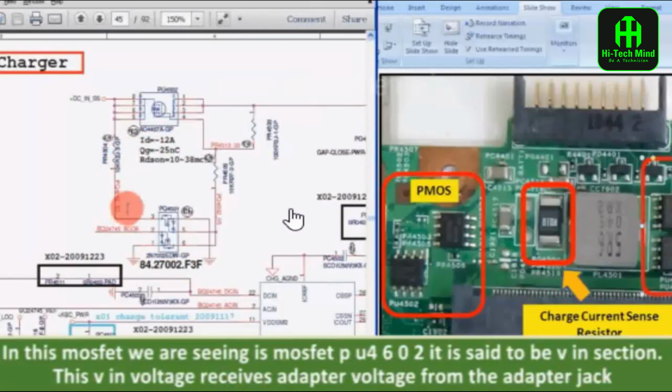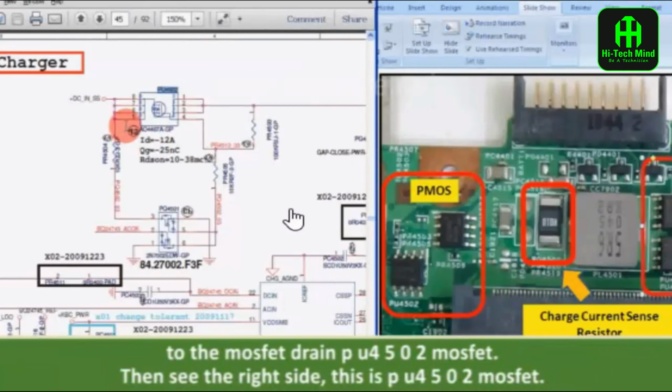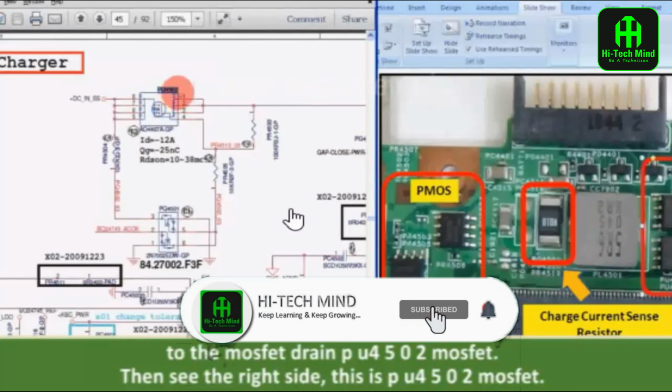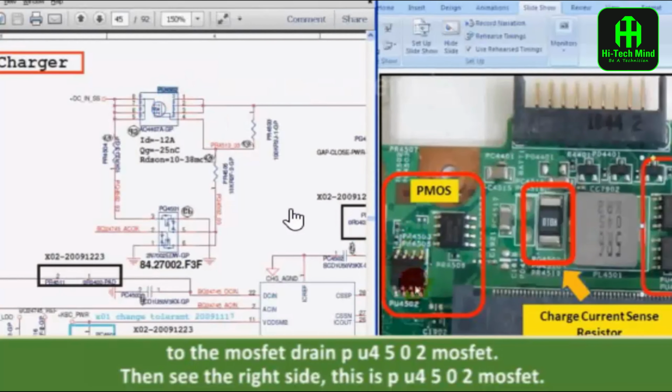In this we are seeing the MOSFET PU4602. It is said to be a VIN section. This VIN voltage receives adapter voltage from the adapter jack to the MOSFET drain, PU4502 MOSFET. Then see on the right side, this is the PU4502 MOSFET.